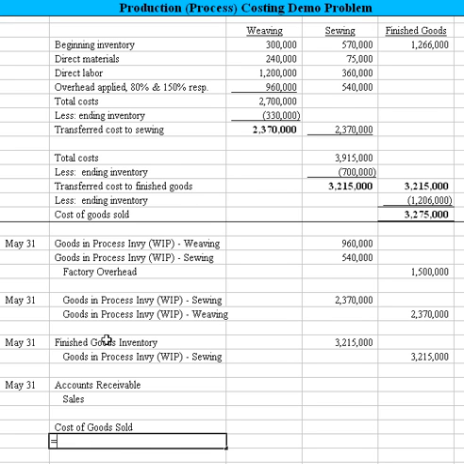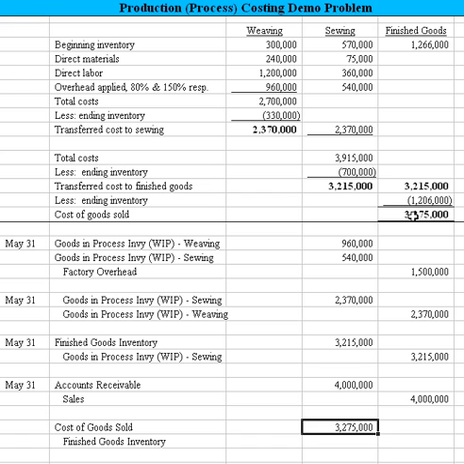And I'm going to just grab this from here rather than typing it. Credited here. They give us in the problem that the sales were made for $4 million. Cost of goods sold, of course, we know that from what we've calculated above, so I can pull it from here.